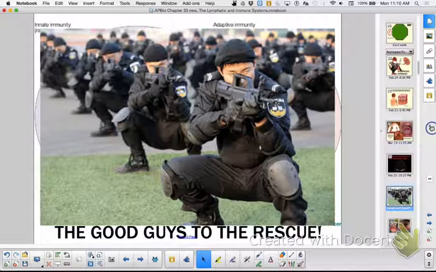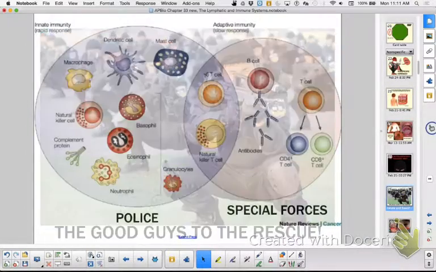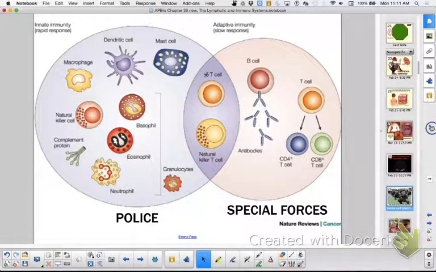we need to call the good guys to the rescue. Now, when we think of the good guys, even in our own world, we think about who are the good guys that protect us? Policemen. Who else? Firemen, people in the military, all protecting us. Here in the United States we have more police than we have special forces.